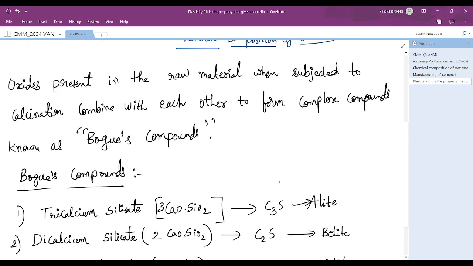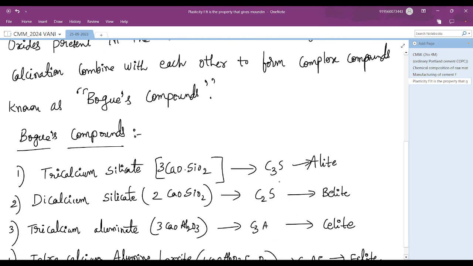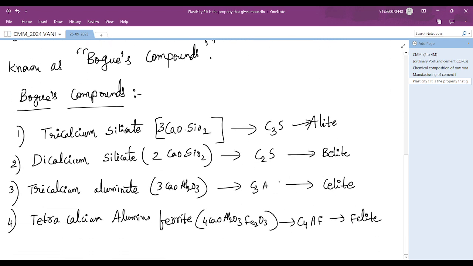It means the clinker consists of so many complex compounds, but out of all those, these are the major ones which influence the properties of cement. Now you see, tricalcium silicate is formed mainly due to the combination of lime and silica.